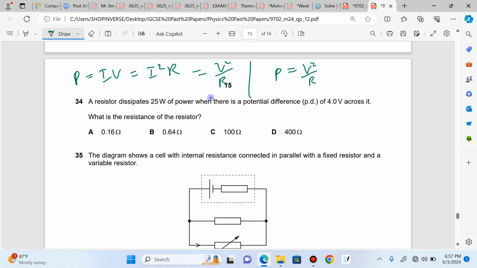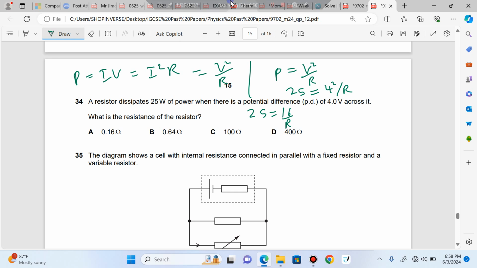What's the voltage? Voltage is 4. Power is 25 watts. 25 equals 4 squared over R. So that simply means 25 equals 16 over R. How do I get resistance? R equals 16 over 25.